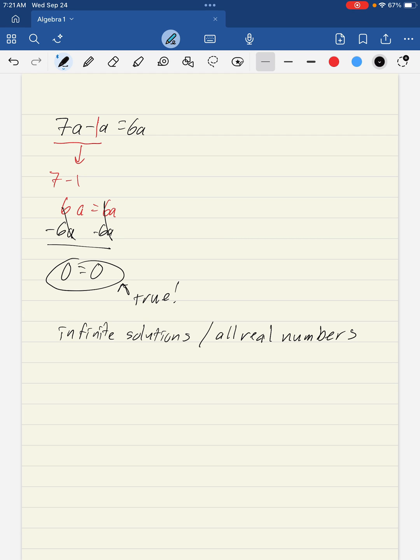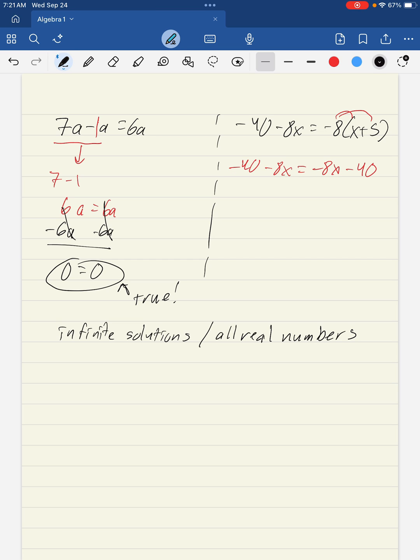I can go negative 40 minus 8x equals negative 8 times x plus 5. We're going to distribute just like we normally would. I have negative 40 minus 8x equals, distribute this guy, negative 8x minus 40.